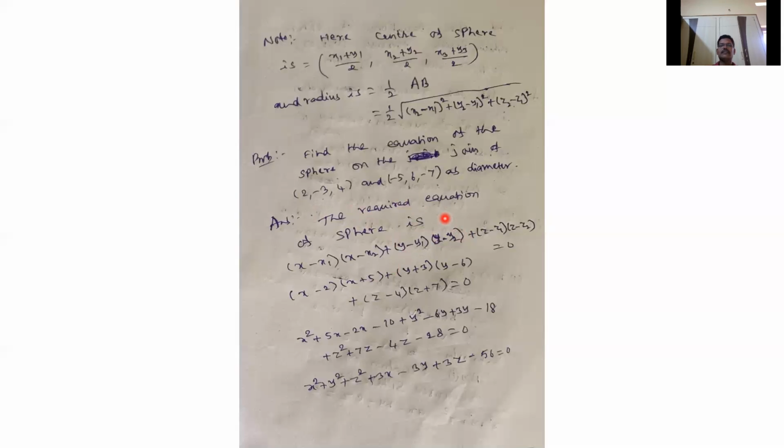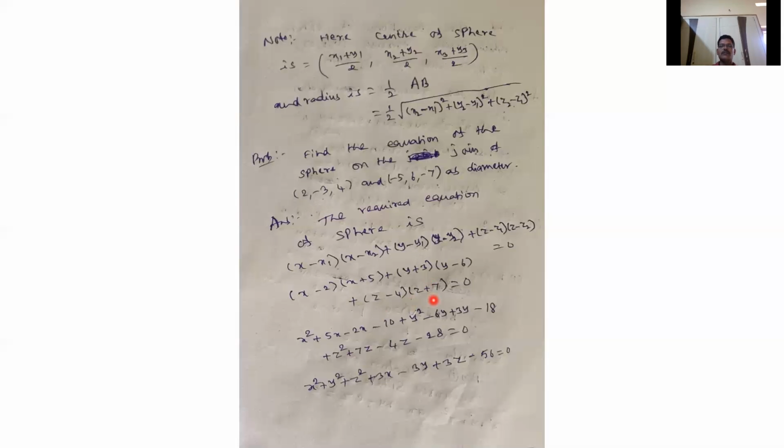So the required equation of the sphere is (x minus x1)(x minus x2) plus (y minus y1)(y minus y2) plus (z minus z1)(z minus z2) equals 0. So the equation is (x minus 2)(x plus 5) plus (y plus 3)(y minus 6) plus (z minus 4)(z plus 7).